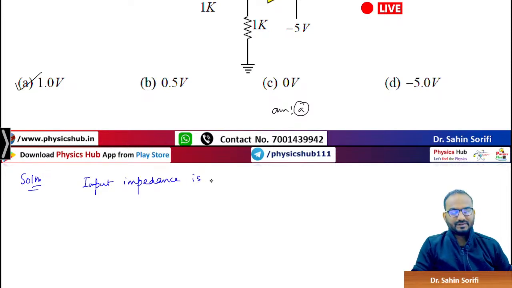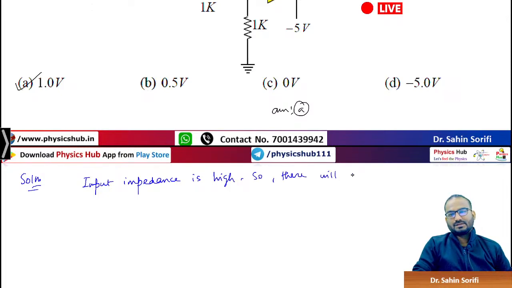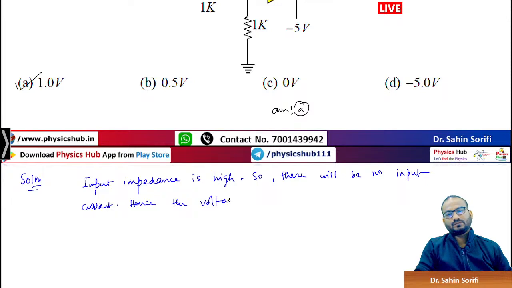Input impedance is high, so there will be no input current. Hence, the voltage of A will be 1 volt.